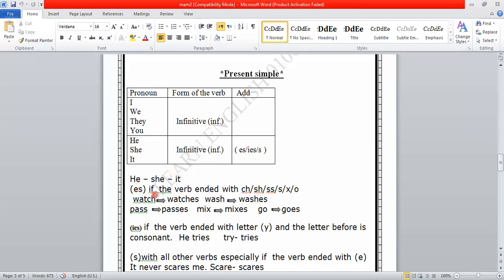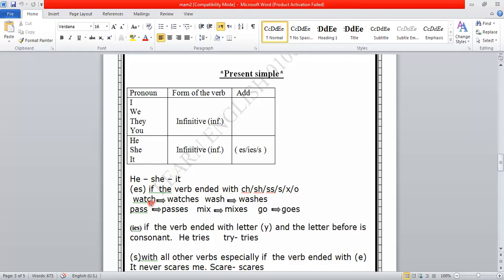let's read this sentence. We can add es if the verb ends with ch, sh, ss, s, x, or o. So if the verb ends with these endings, we will add es, if the sentence begins with a singular noun or he, she, it as a pronoun.